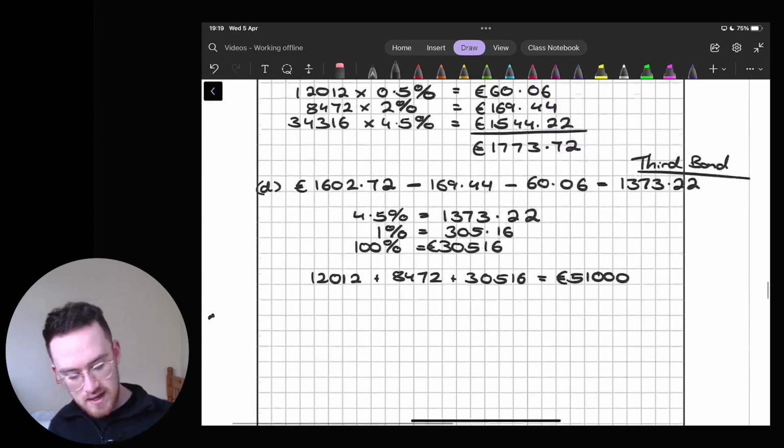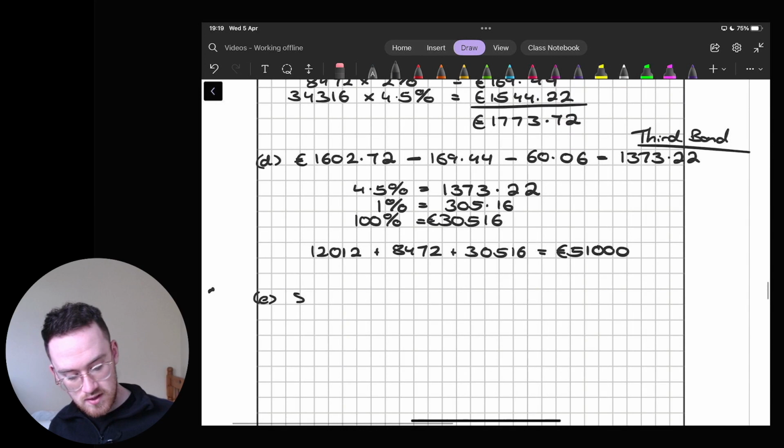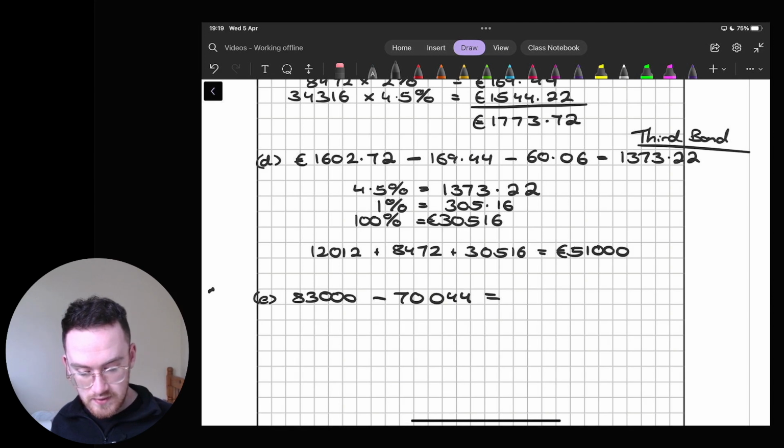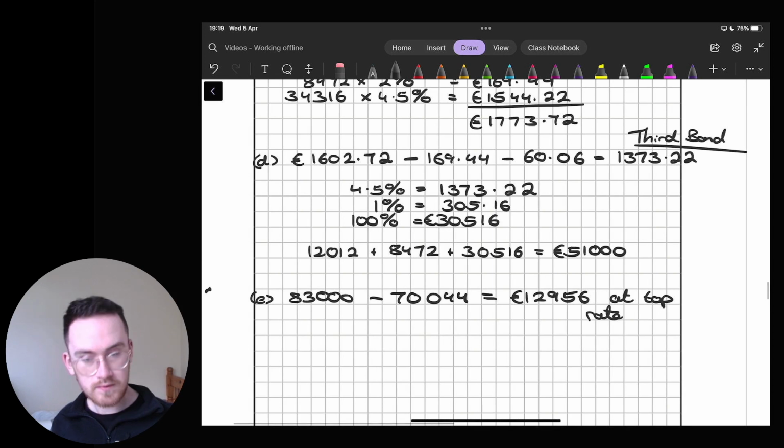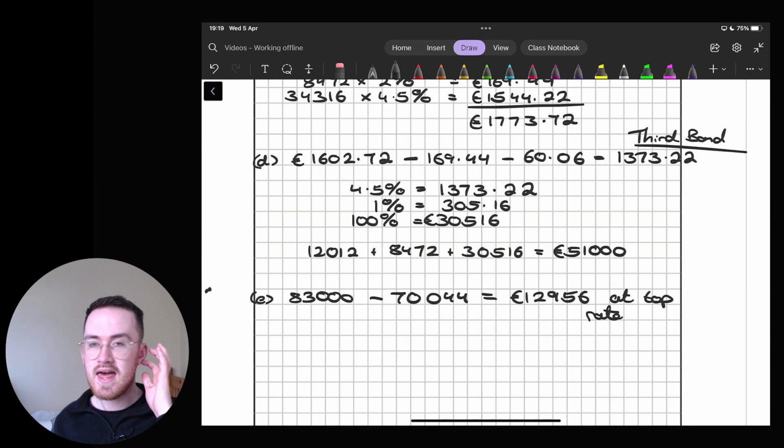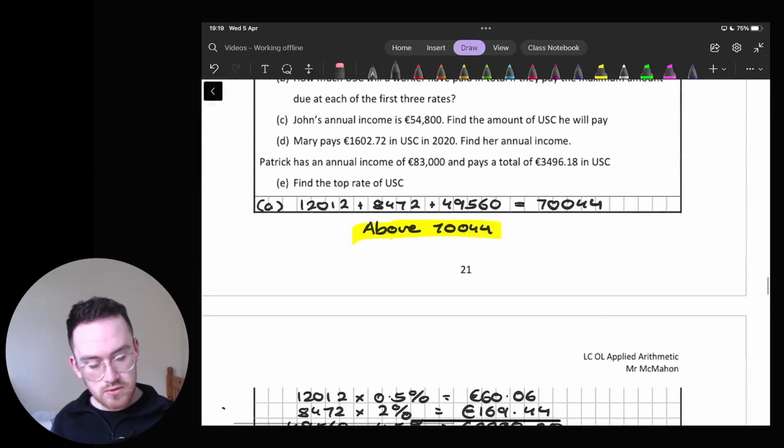So if he has an income of 83,000 and anything above 70,044 is going to be paid at the top rate, then he has €12,956 that's going to be at the top rate. Okay, so that's going to be at the top rate of USC. So whatever answer we get, the top rate is a percentage of that amount.